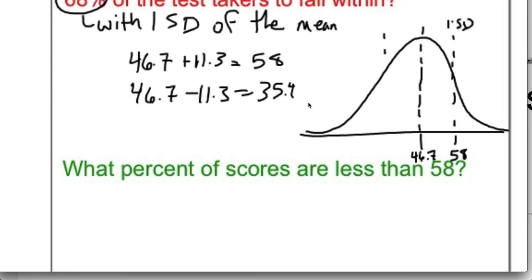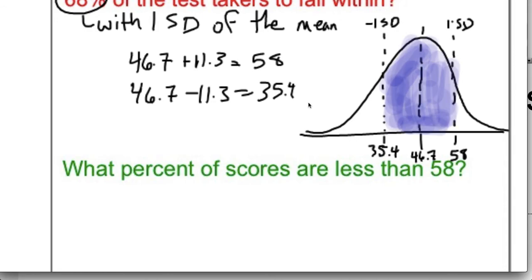And if I go 1 standard deviation below, which we would say is -1 standard deviations, that is 35.4. And so using our approximation, we are estimating that 68% of test takers will fall between those two scores, 35.4 and 58.